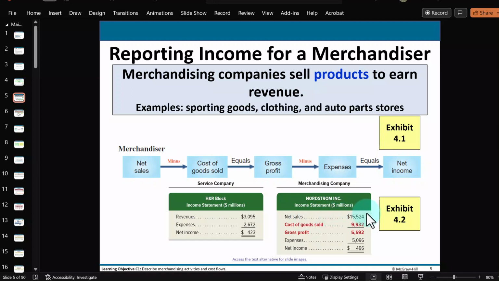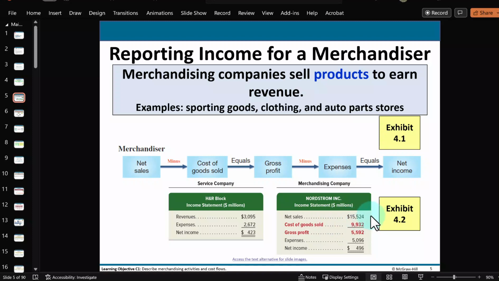And then the next figure we show is the main expense of the business. Even though you don't see the word expense at the end of this description, cost of goods sold is treated just like an expense. We subtract it from the revenue here to get a difference called gross profit. Once more, these 2 figures, net sales and cost of goods sold, are dealing with that same merchandise.